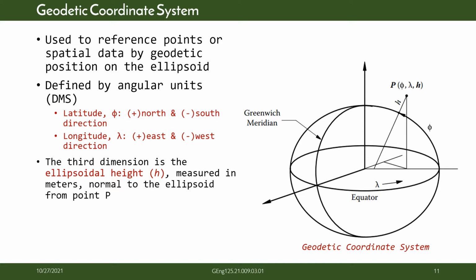And for the longitude, from your Greenwich meridian going east, that is positive longitude, and going west is negative in longitude.